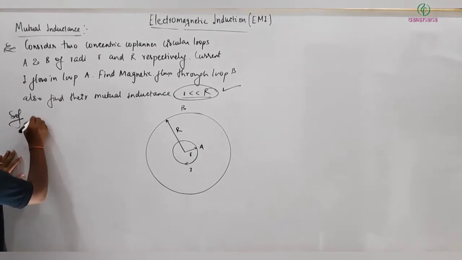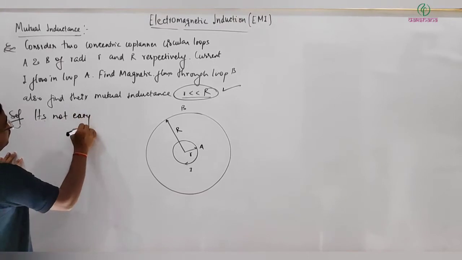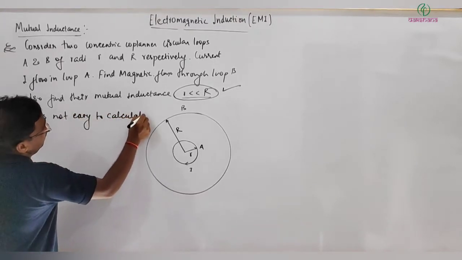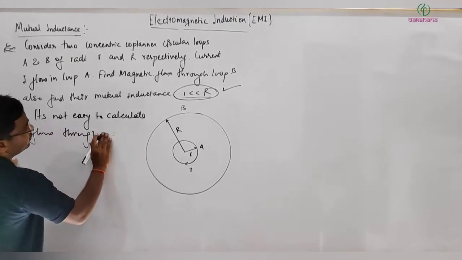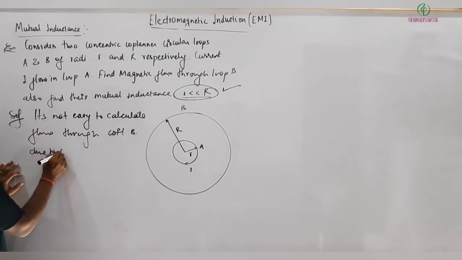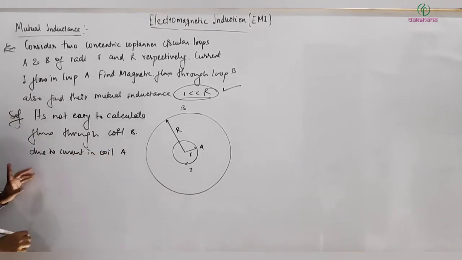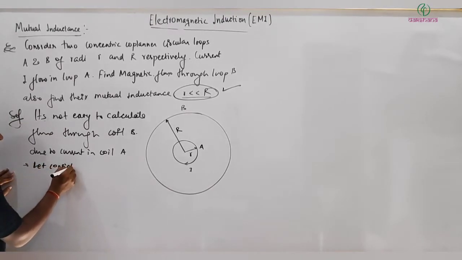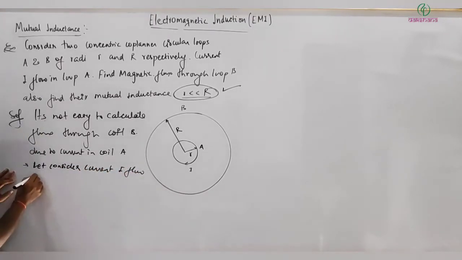So here the first thing is, it's not easy to calculate flux through coil B due to current in coil A. But we can go here, let's consider current I flows in coil B, right?